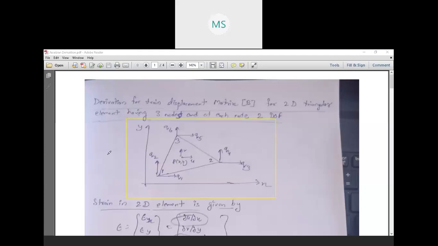In the second module, we covered two-dimensional element problems having two different boundary conditions, that is the elimination method and the penalty method.